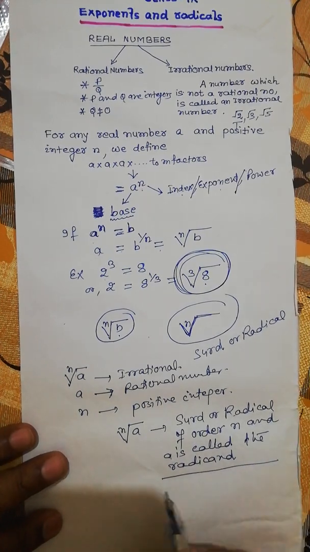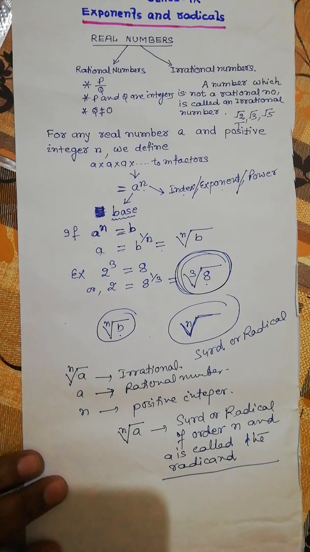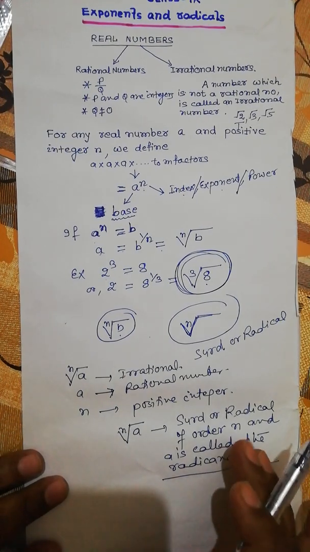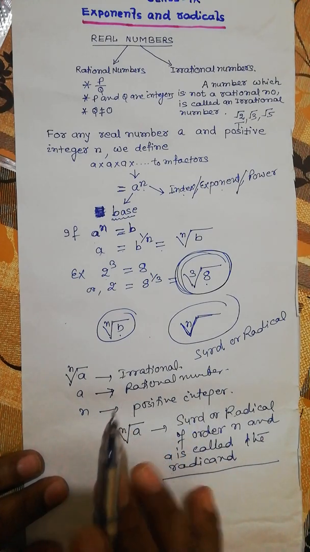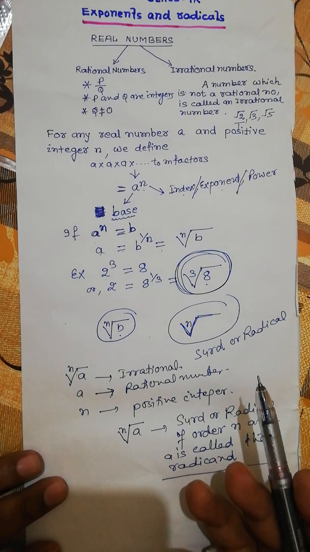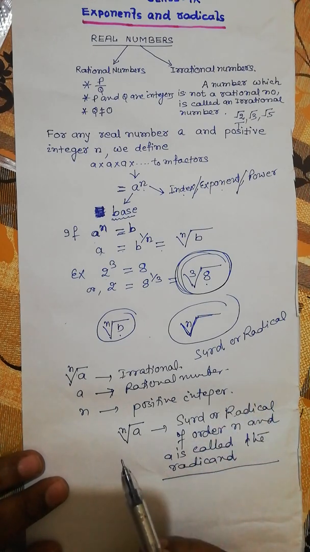A is called the radicand. In this way, we can understand what is a radical or surd, and what we mean by exponent or index or power. This is very important to understand.